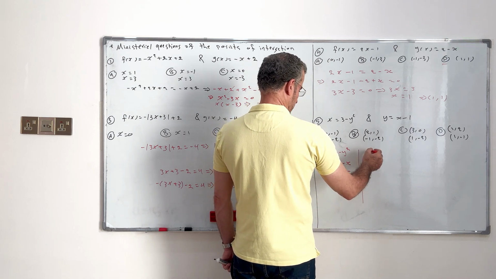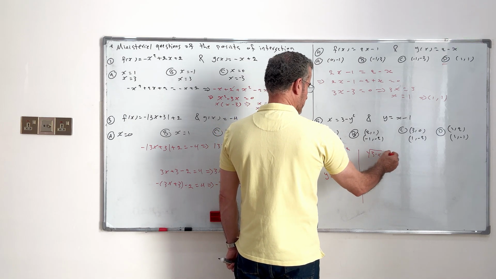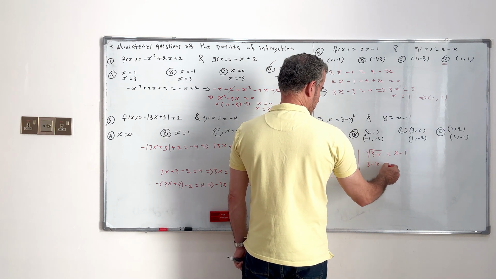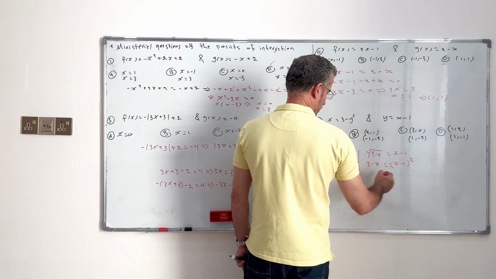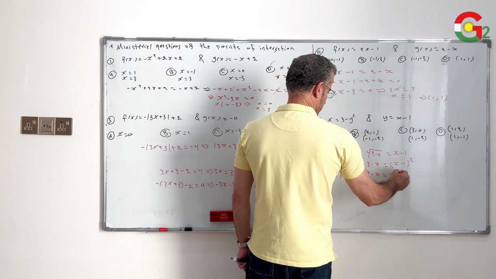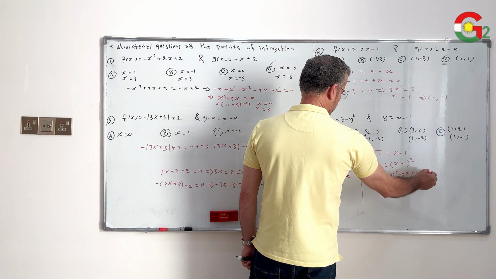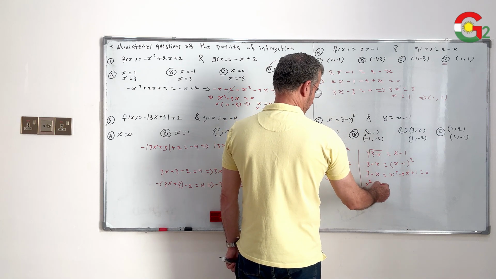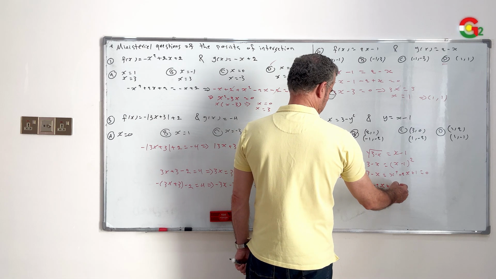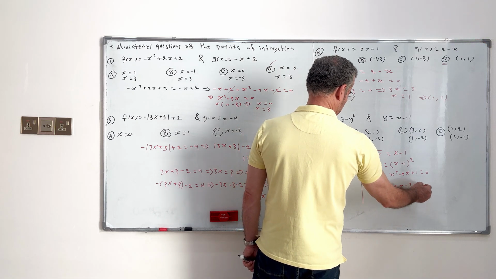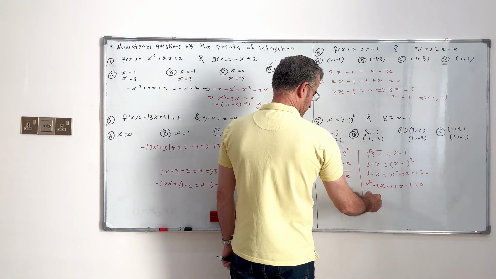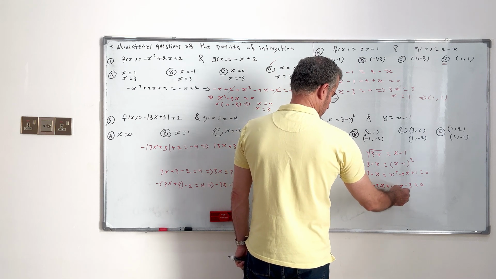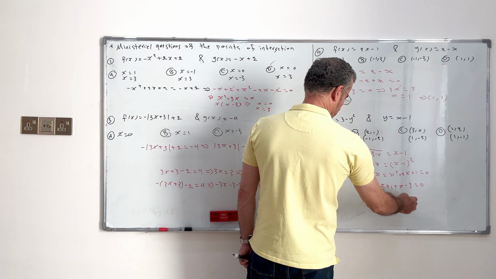Then I set square root of 3 minus x equal to x minus 1. Square both sides: 3 minus x equal to x minus 1 power 2. Open this bracket: x power 2 minus 2x plus 1. Take all terms to one side: x power 2 minus 2x plus 1 plus x minus 3 equal to 0. x power 2 minus 2x plus x minus x, 1 minus 3, minus 2 equal to 0.